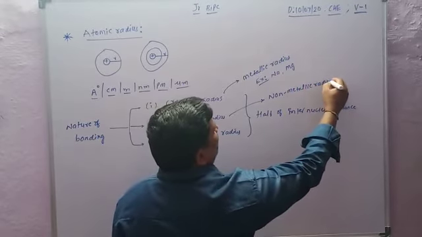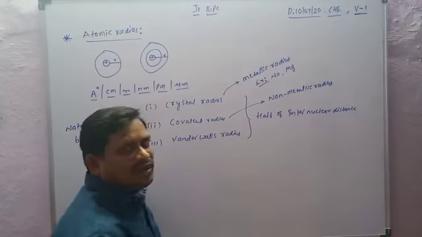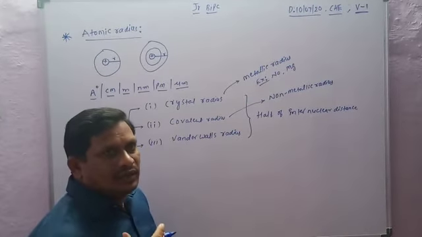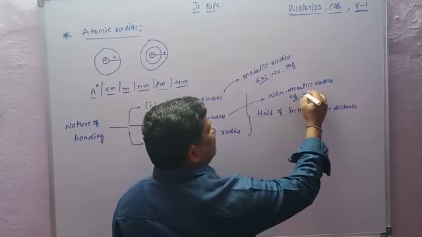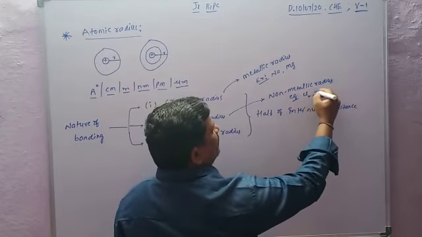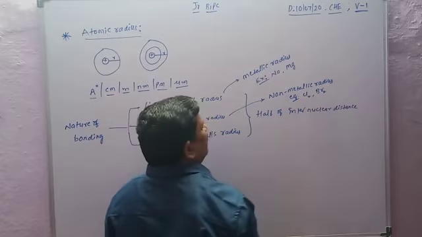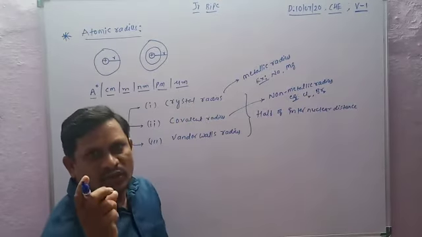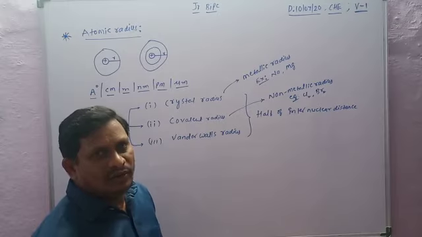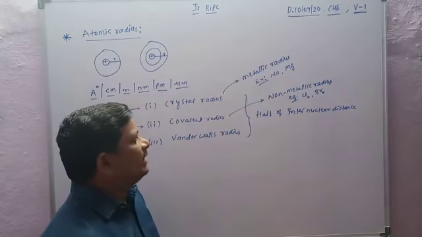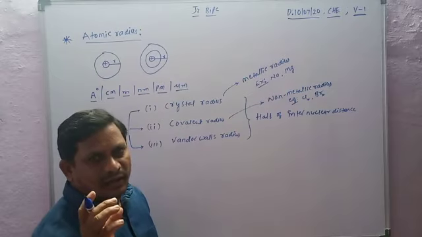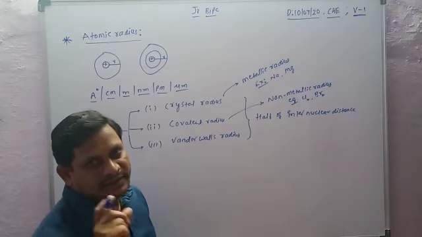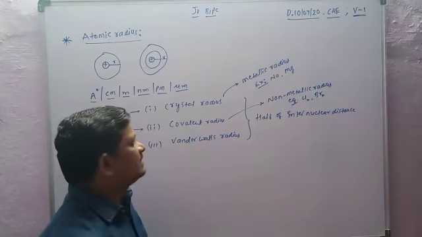For example, Cl2 and Br2. In covalent radius, two atoms are held by a covalent bond. But in crystal radius, two metal atoms are present adjacent to each other.